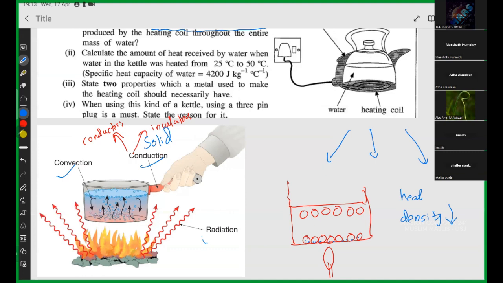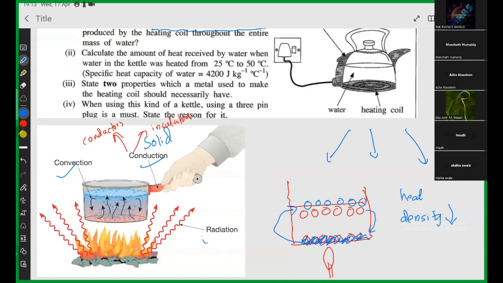So these less dense particles move up, and as a result, an empty space will be created in this region. The less dense particles have gone up. And compared to those less dense particles, the upper particles have higher density and tend to come down.